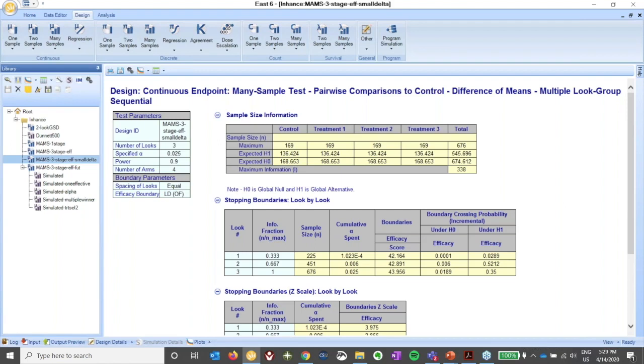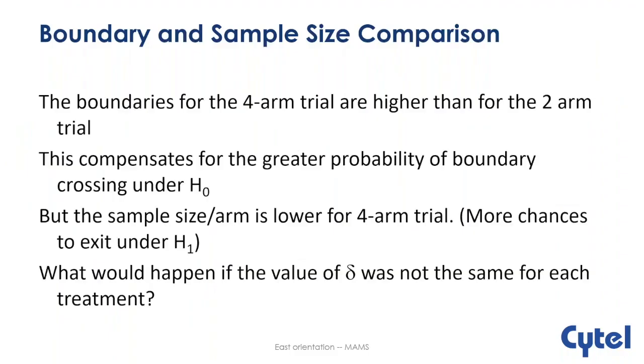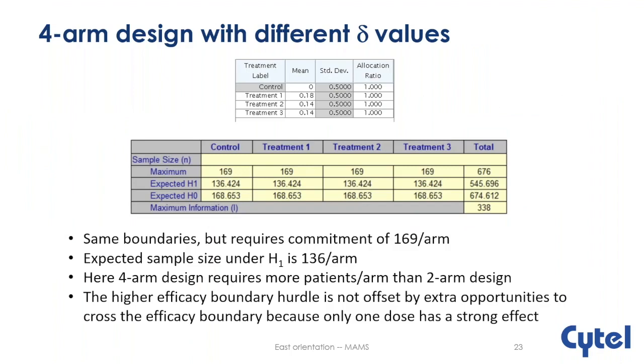And correspondingly, under the alternative, the average sample size is about 136. So this tells us that we have the same boundaries as before, but we require a commitment of more subjects per arm, both as a maximum as well as when the treatment works.